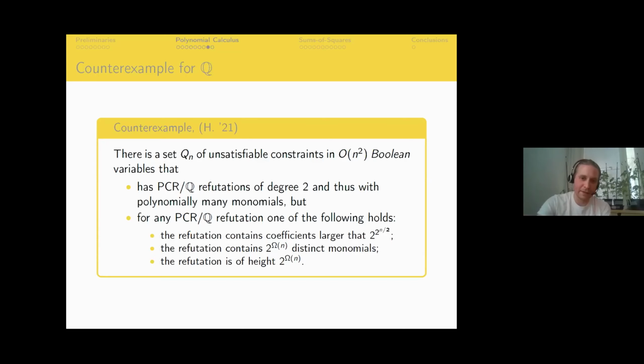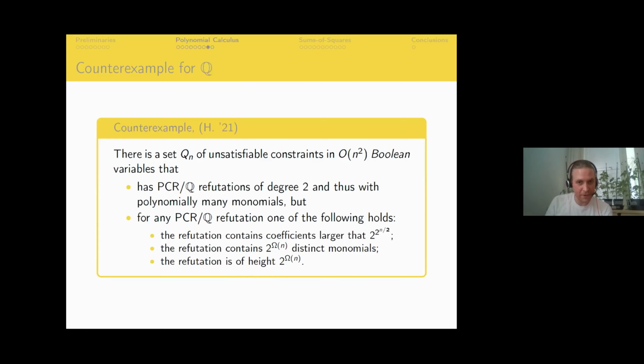Well, you have at least one refutation that's of degree 2 and has only polynomially many monomials and whose height is very small also.